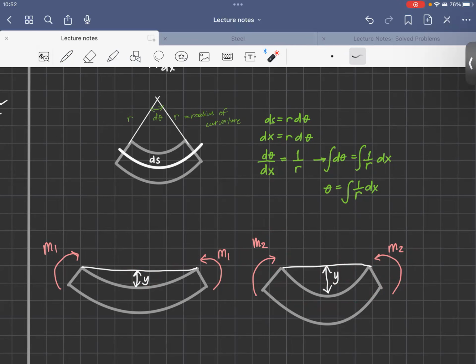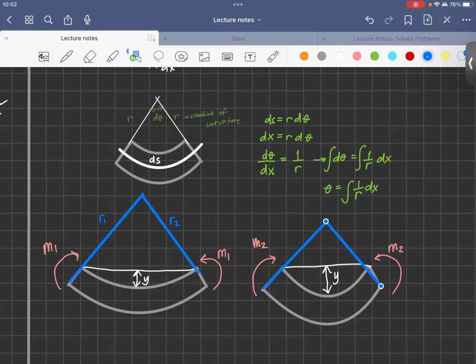In terms naman po of the radius of curvature, kasi yun yung kailangan natin. Say, ito naman yung ating R1, then R2. Ito naman, baliktad naman siya ngayon.